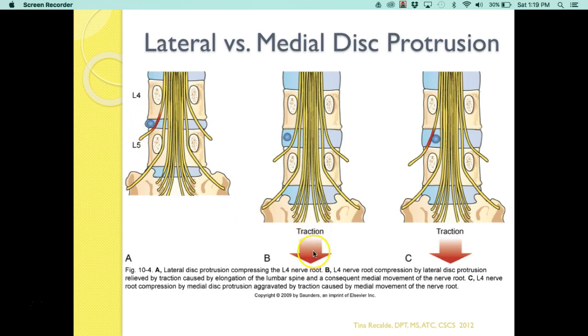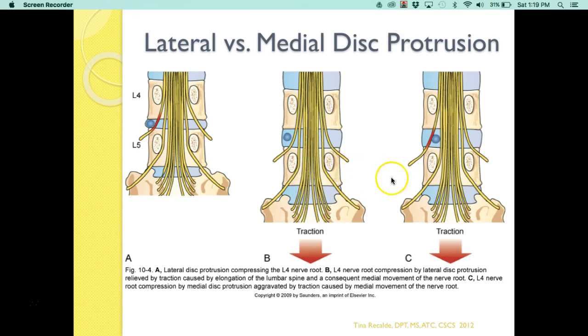So we do the traction. And we can see with that traction, it opens up this disc space here, but also that nerve root moves medially. So can you see that? So how it was here, and now that nerve root moved medially, so that's taking pressure off of that disc protrusion there and relieving some of that pain. So this is where traction is very effective with a lateral disc protrusion.